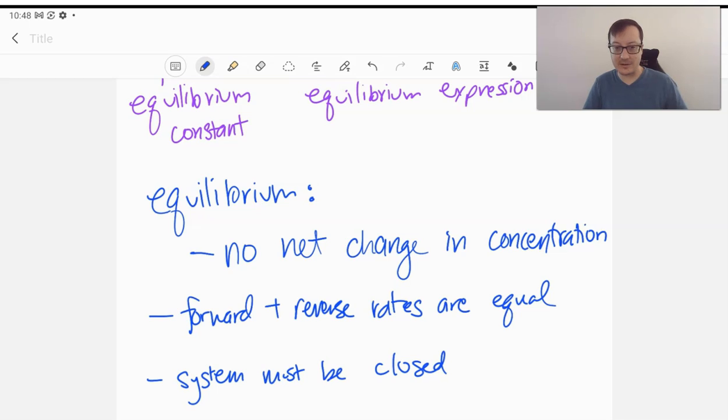They have vanished. So the system must be a closed system for equilibrium to occur. And so, again here, we see no net change in concentrations or pressures, partial pressures if we're looking at gases specifically. This occurs because the forward and reverse reaction rates are equal after equilibrium is established, and we must always consider that equilibrium can only exist in a closed system.